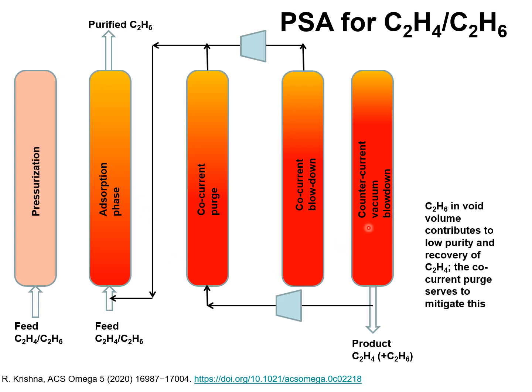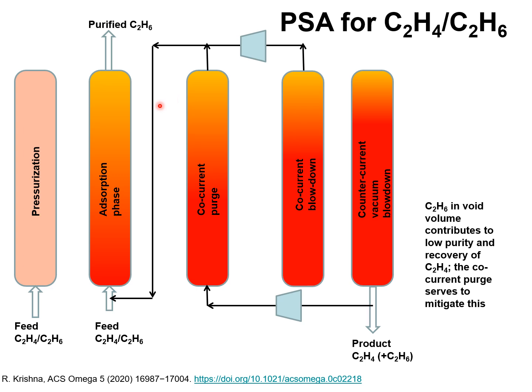The last step is a countercurrent vacuum blowdown, in which the desired product ethene, hopefully of the required purity for making polymer grade polyethylene, can be withdrawn from the bottom.